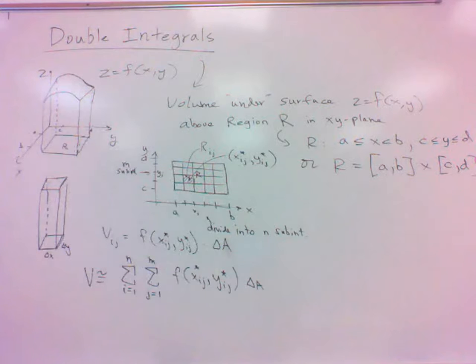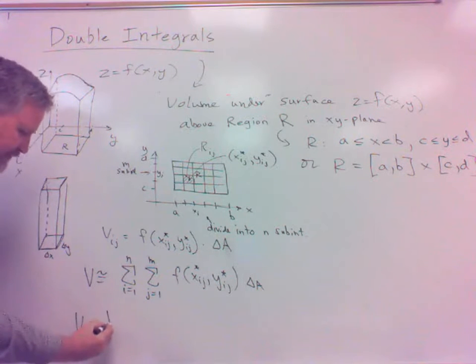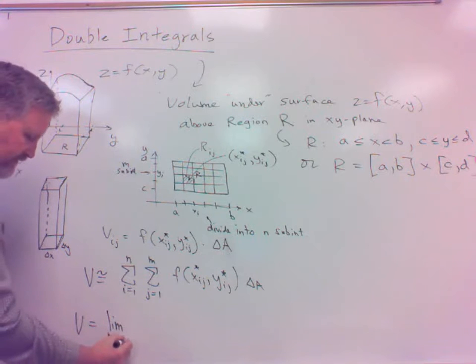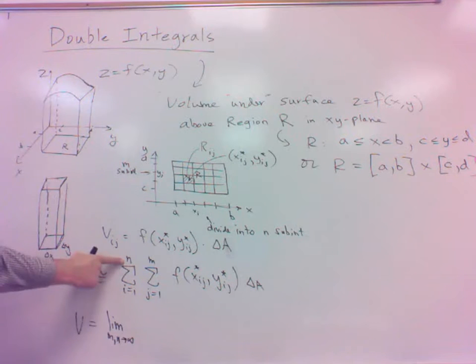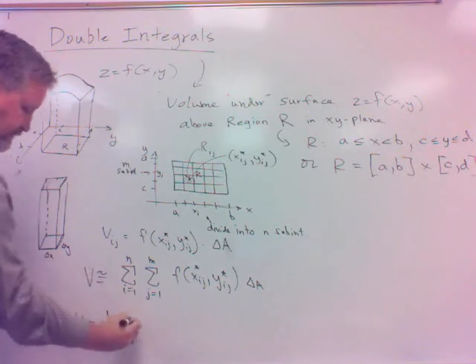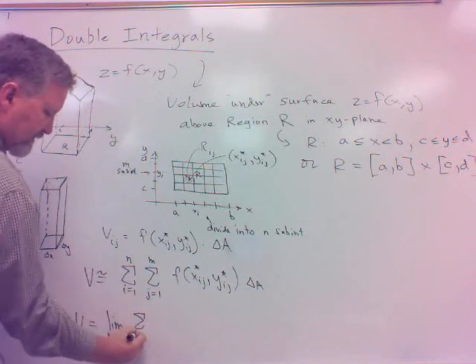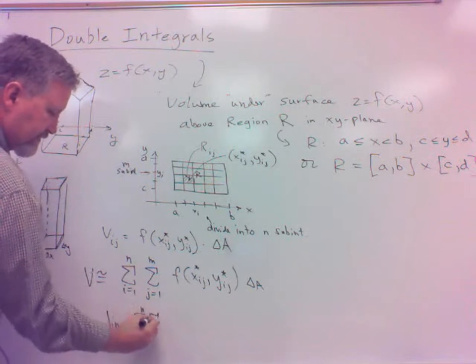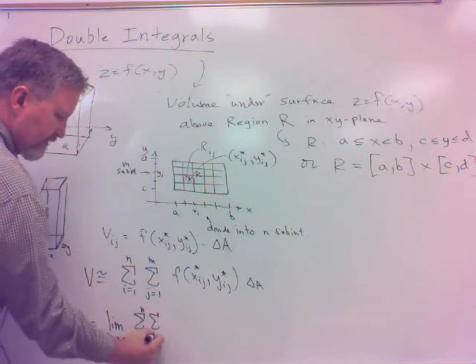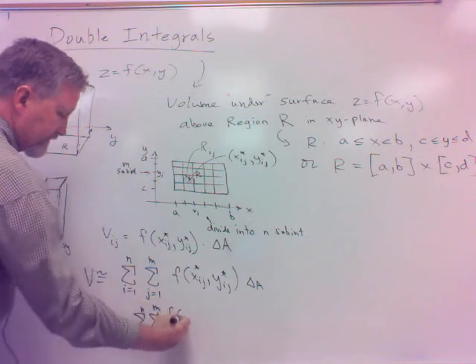If I do more and more rectangles, that gets better. And so how do I get the exact volume? Well, I do the limit as m and n go to infinity. Make more and more rectangles, and that is going to be equal to my volume exactly.